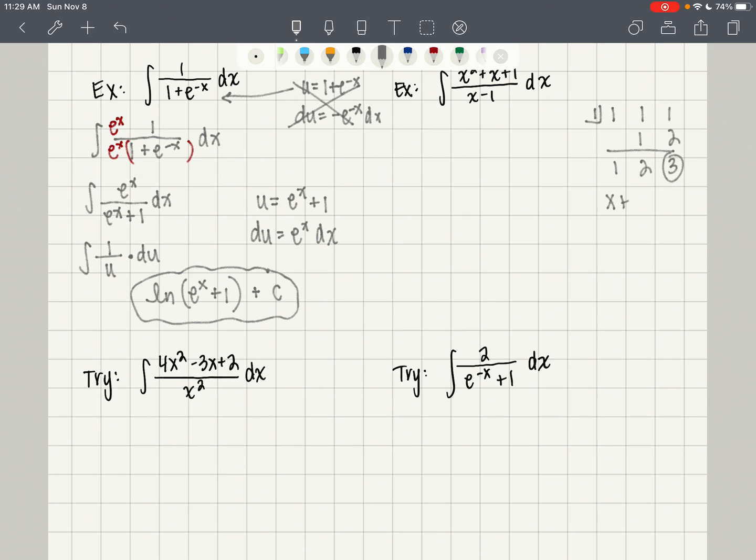So I'm going to have x plus 2 plus 3 over x minus 1. So this is going to be the integral of x plus 2 plus 3 over x minus 1 dx. So from here, I believe that you can take over and you can find the integral of each term.